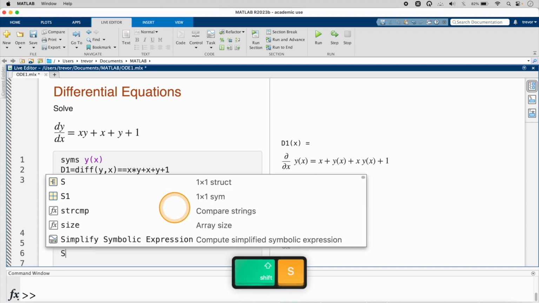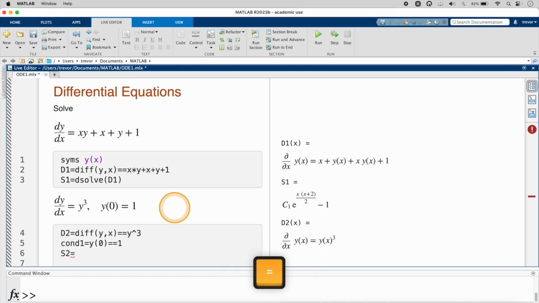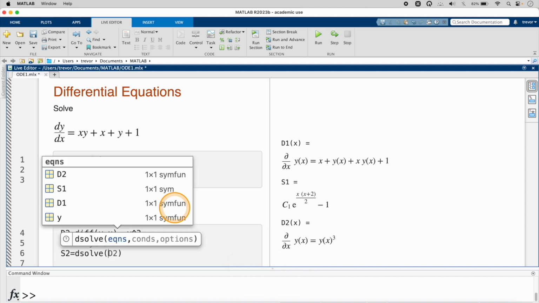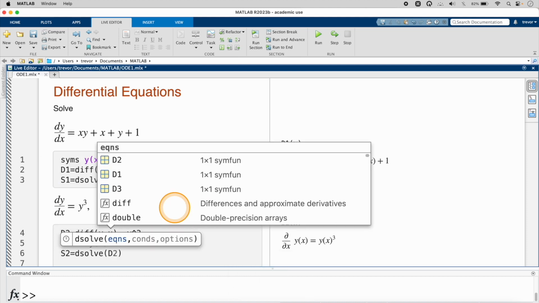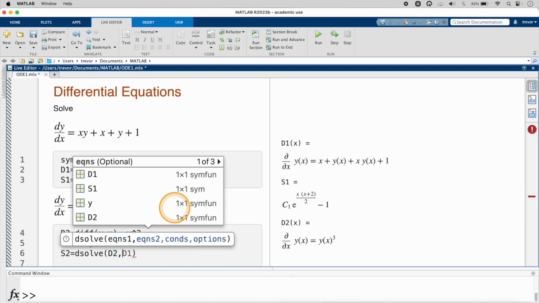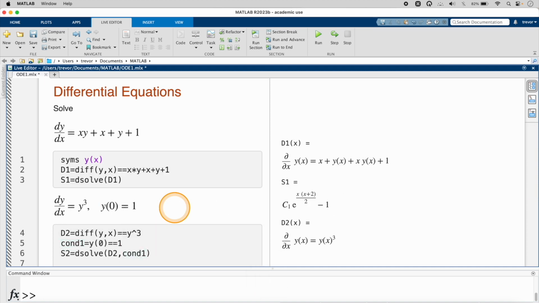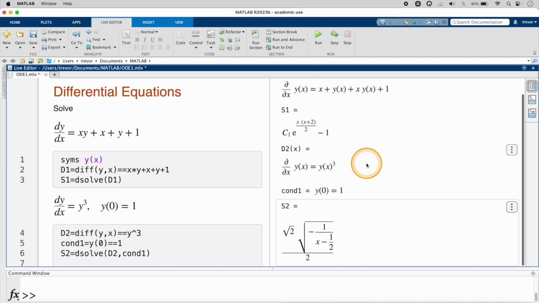I'll call it S2 is equal to dsolve, open parenthesis, we are solving D2, but put in the condition there, and our condition, we say this is cont 1. So we are solving this differential equation under this condition that we are given. So I go on and run, and it gives us the solution, root 2 multiplied by root of minus 1 divided by x minus 2 divided by 2.